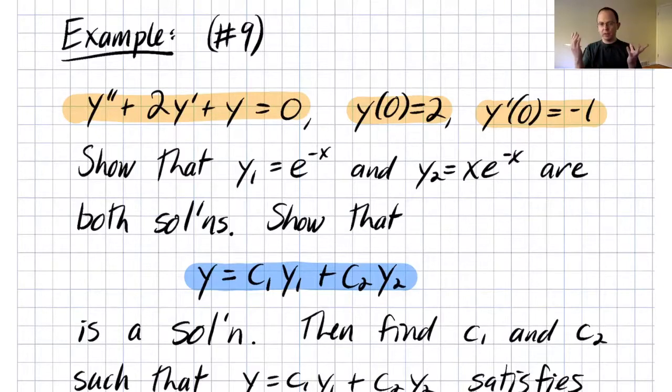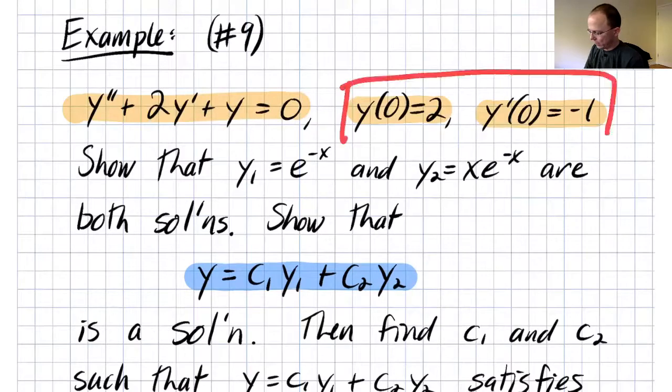If you think about this, it makes a lot of sense when we're talking about dropping a ball or jumping out of an airplane with a parachute. You need to know what our initial height and our initial velocity are, so you need those two things to be able to solve the problem. And this in general is true for second order differential equations. And we'll see how we use both of these conditions to solve the problem.